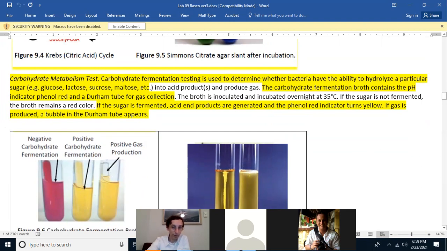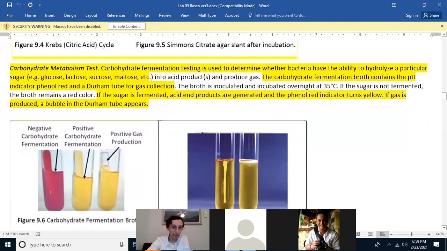This one you abbreviate A for acid, and this one you abbreviate AG for acid and gas production. And of course the tube could be negative, meaning the sugar is not fermented and no gas is produced. Any questions about the carbohydrate fermentation tube?